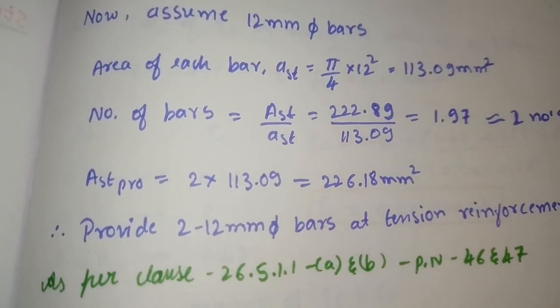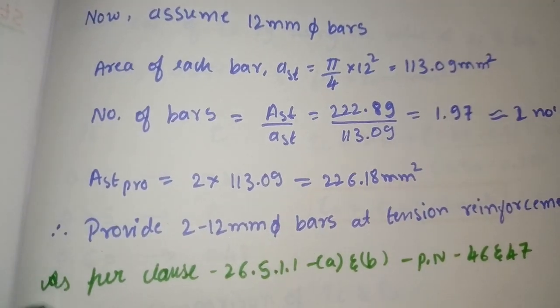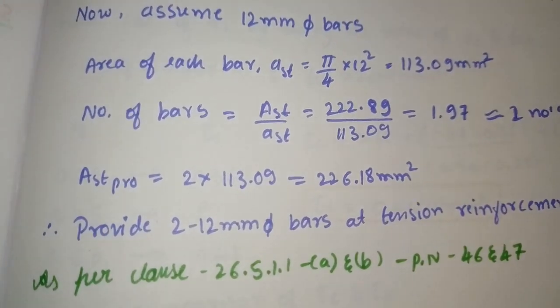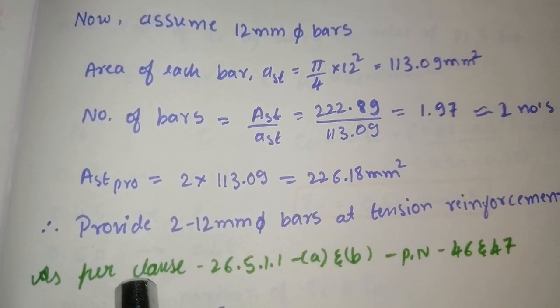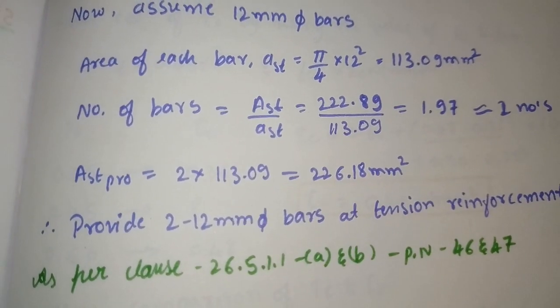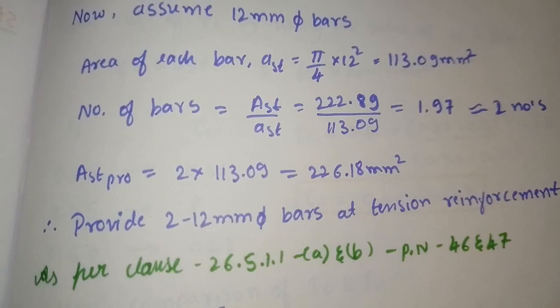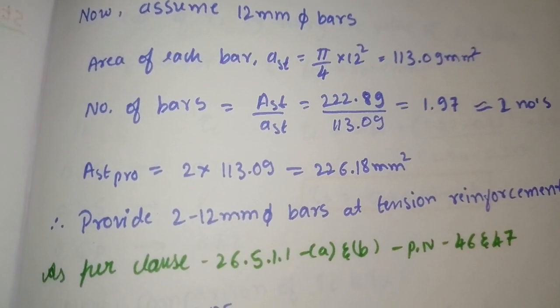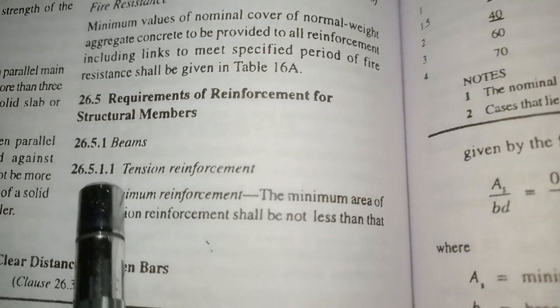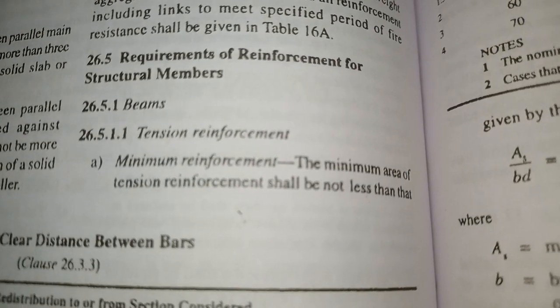After this there is one more clause, which is given on page number 46 and 47. As per clause 26.5.1.1 A and B, we'll see what it says. This is page number 46, tension reinforcement.